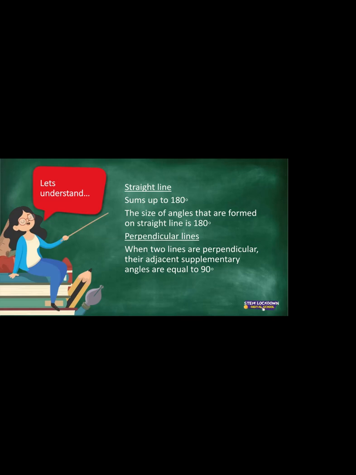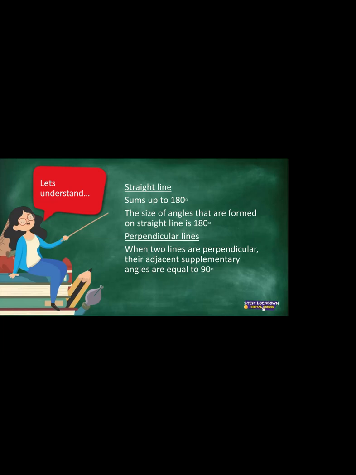Okay, so again, today we'll be talking about perpendicular lines, and tomorrow that's when we'll move on to vertically opposite angles. But for today, we are only doing perpendicular lines, right? Okay, let's move on to the next one.